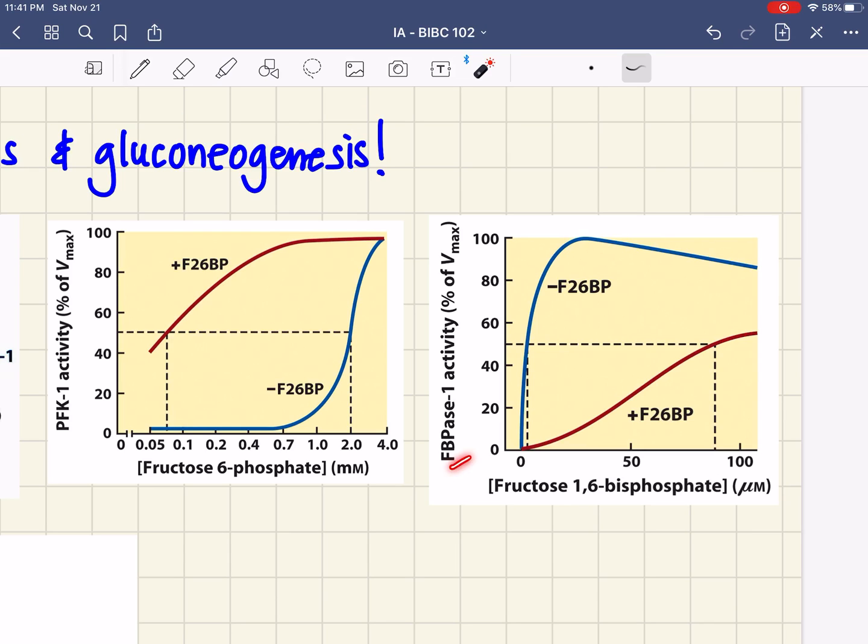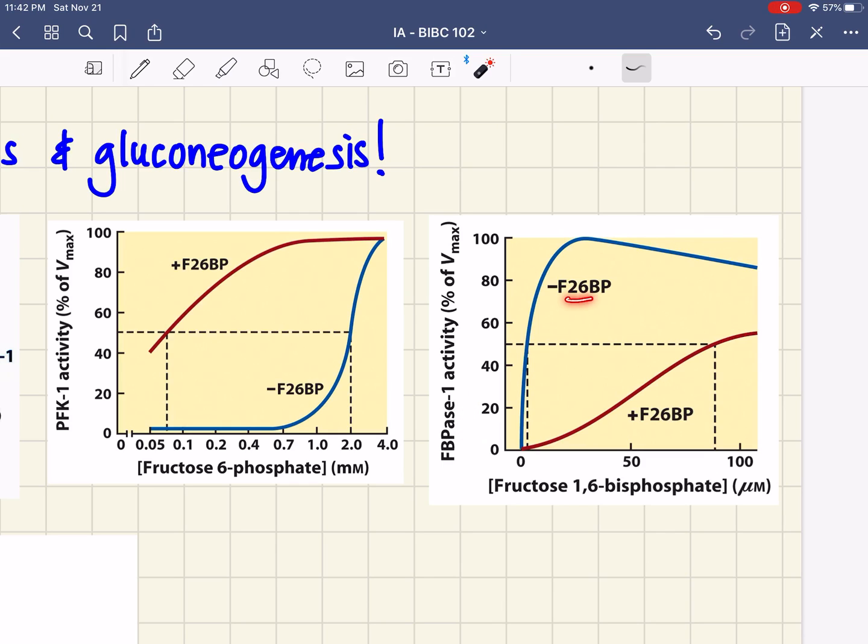Let's look over here. Fructose bisphosphatase 1. When there is fructose 2,6-bisphosphate, it inhibits the activity of fructose bisphosphatase, right? We don't want to do gluconeogenesis, so we are going to inhibit this enzyme.